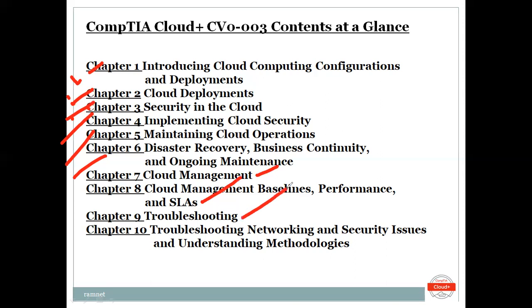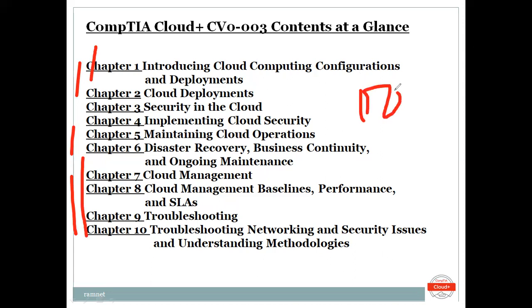Chapter 9 is about troubleshooting of the cloud, and chapter 10 is troubleshooting network and security issues and understanding the methodologies. So these are all the 10 chapters being covered in CV0-003, the latest Cloud Plus exam. We'll see one by one on the coming slides.